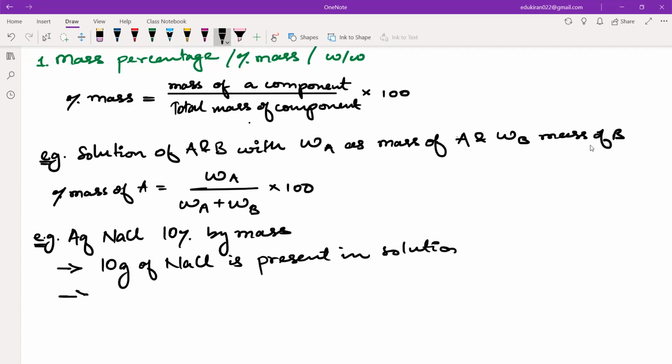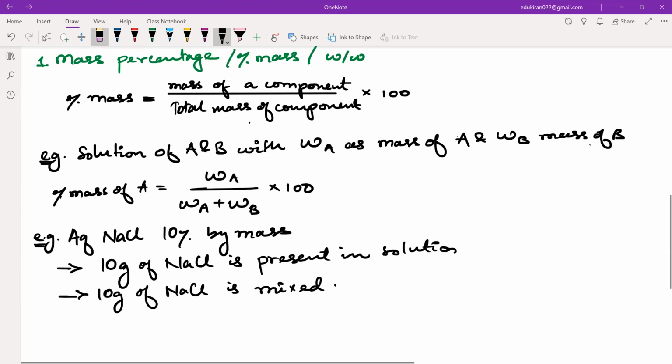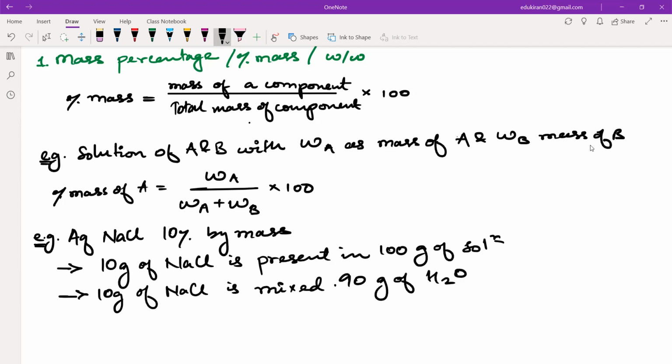Rather, a better translation: 10 gram of NaCl is mixed with 90 grams of water. So these are the two translations. Both of them mean same. The first is only giving the information about a solute. The second translation is giving you the information about both solute and the solvent and their amounts. So please write this down very carefully.